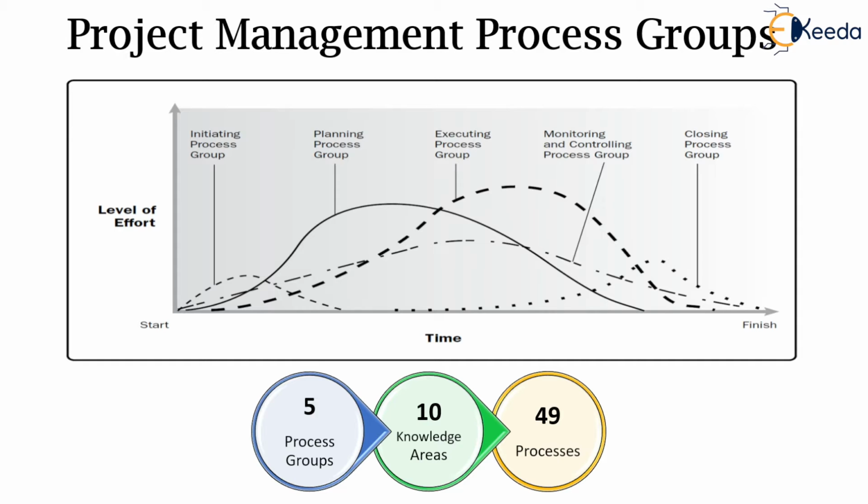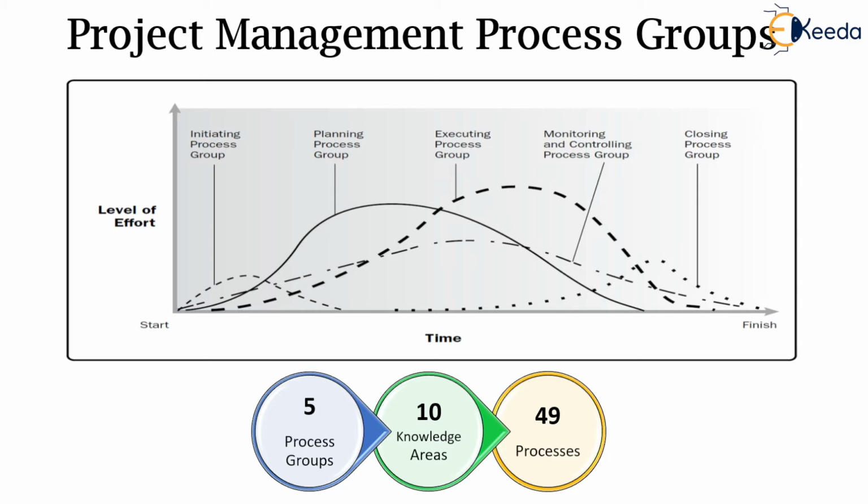The largest level of effort, as shown, is clearly in the execution phase. After that, the next highest level of effort is required in the planning process. The third is the monitoring and control process. The fourth is the closing process. And last is the initiating process.